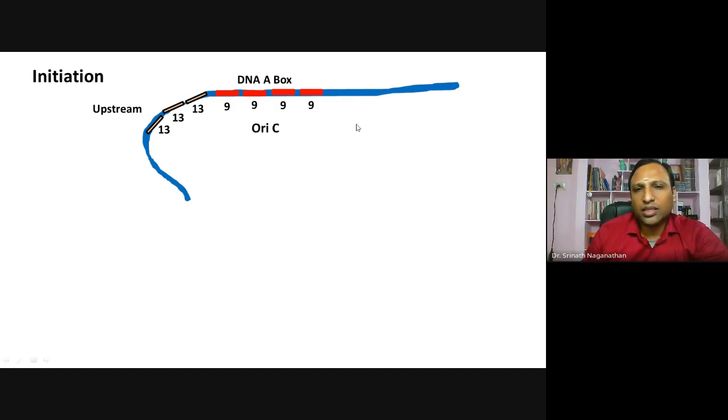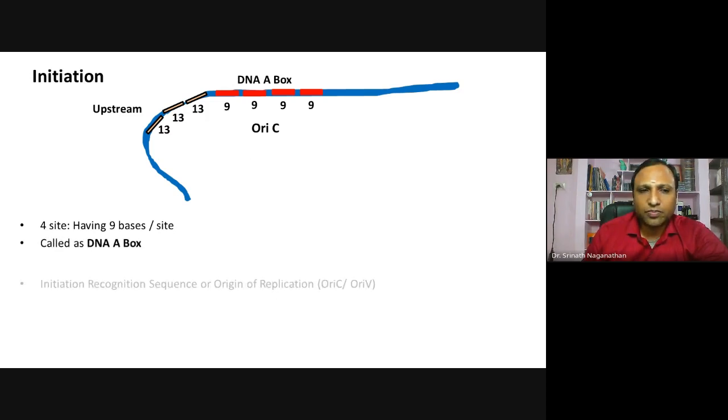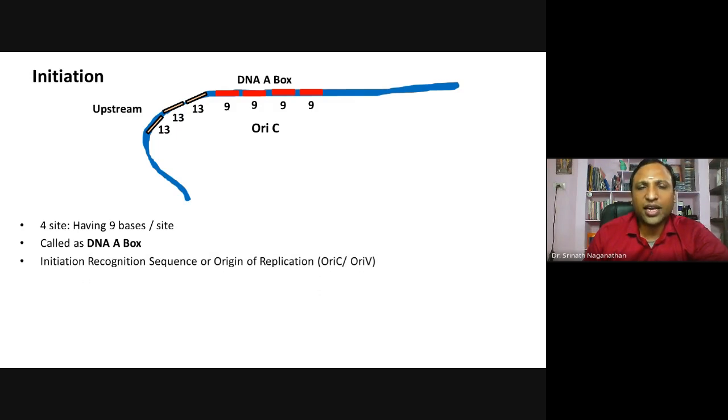This DnaA box is also acting as the origin of replication. In prokaryotes, we say this as ORI-C, and in plasmid or vector, we call them as ORI-V. So they have 4 sites having 9 bases per site, called as DnaA box, initiation recognition sequence, or origin of replication, that is ORI-C in prokaryotes and ORI-V in vectors.